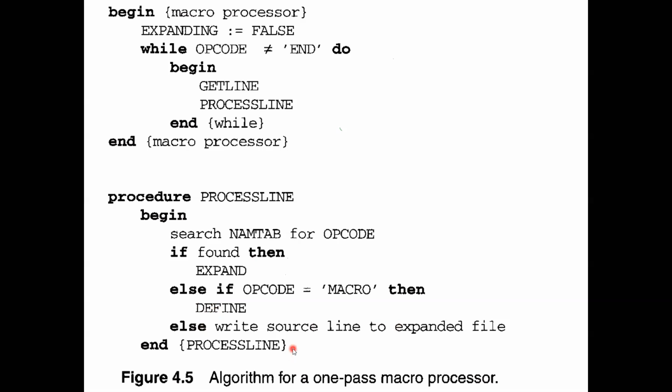Otherwise, we're going to write the source line to the expanded file. Pretty straightforward. Okay, so that way we can look to see if the macro's already been defined before we try to define it, because we still have to do some error testing. And then, of course, if we're going to expand it, then we don't want to be defining, we shouldn't even have that line of code there to do the define anyway, but we always need a test for that. So that's what we're doing here with this code.